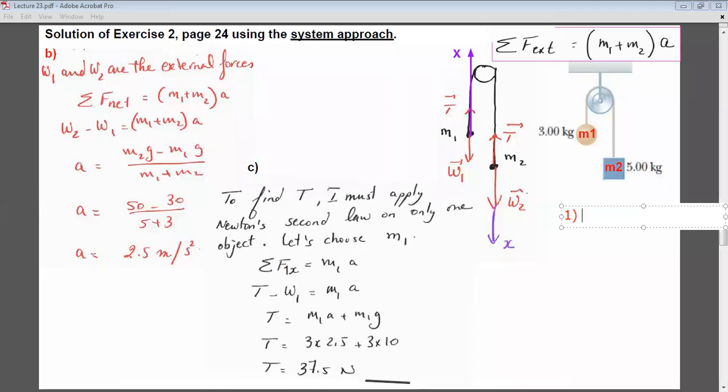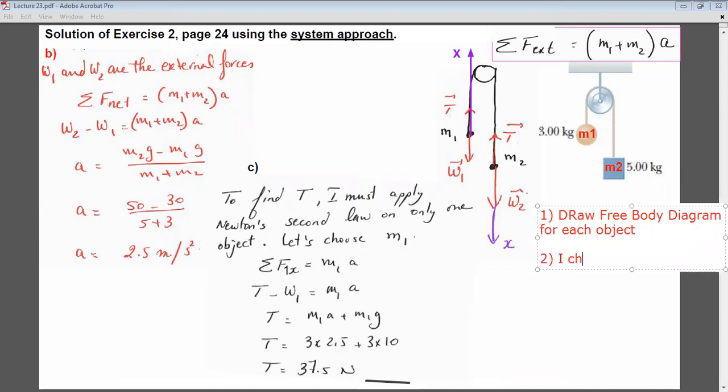The very first thing is draw free body diagram for each object. So I do exactly the same thing as the previous exercise. Then I choose x-axis and if necessary y-axis. Over here I don't need y-axis. This object is going up, this object is going down. So here the x-axis is upward, here the x-axis is downward.